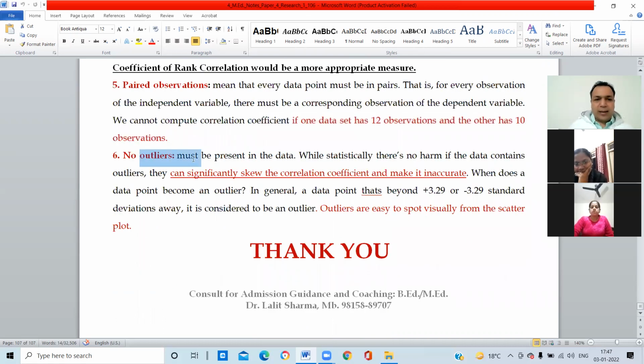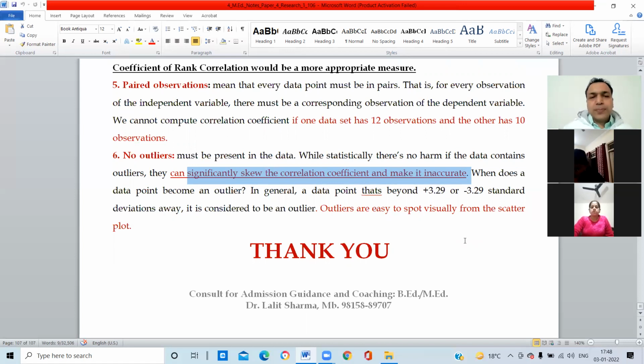And no outliers. There should not be any outlier. Sometimes an outlier skews your data, it deviates your data. Same example I have given. If your study is checking the voting rights of women, if she is above 18, she can cast the vote.